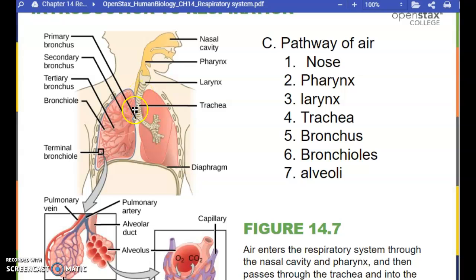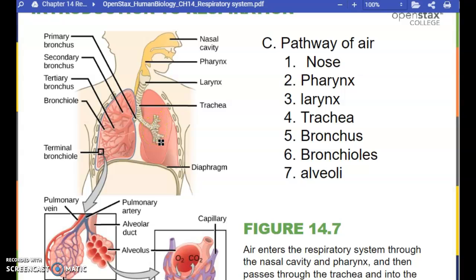Then as we get lower, we split into two separate bronchus tubes, or the bronchi. As they break down and get smaller, moving into the lung area, we call them bronchioles.